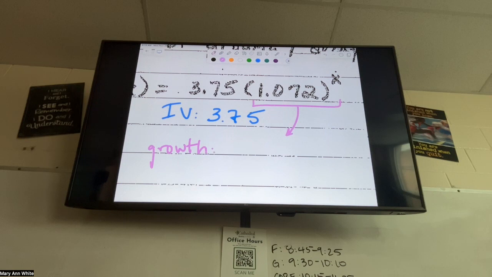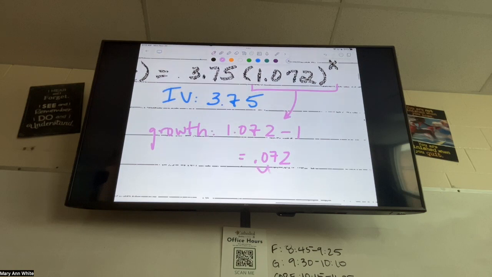So I'm going to do 1.072 minus 1, minus that 100%. And we can actually do that in our head, 0.072. One more step, move those decimal places, 1, 2, and we get 7.2% growth. It's pretty self-explanatory, right? Okay.